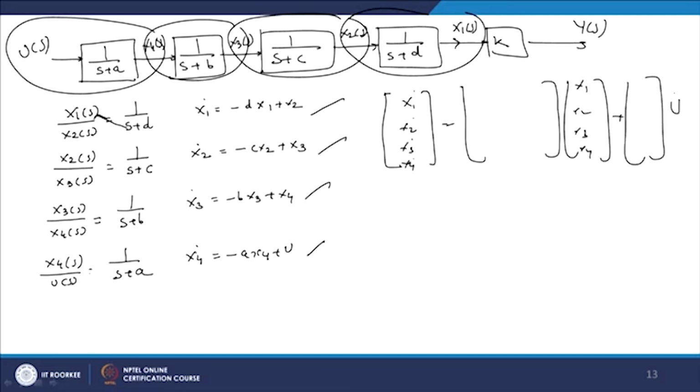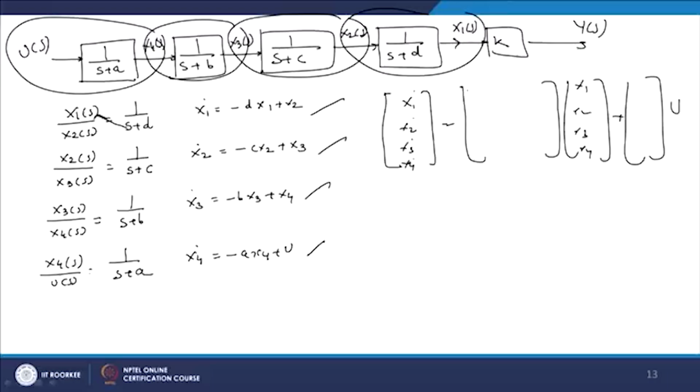Now here what is x1 dot? x1 dot equal to minus d x1 plus x2. So minus d, we will write here minus d. And what is the term for x2? It is 1, the rest of the elements are zeros, and corresponding to u the element is also 0.